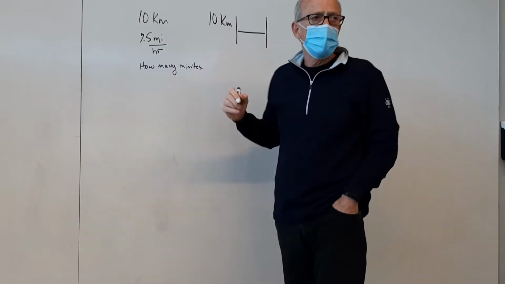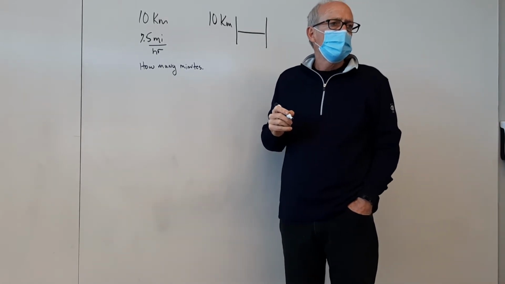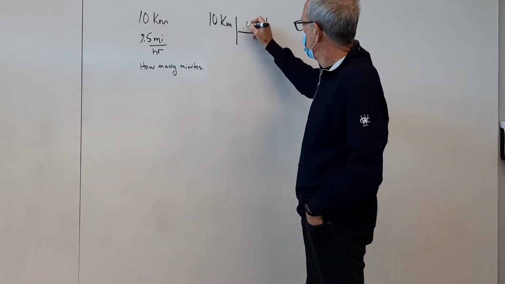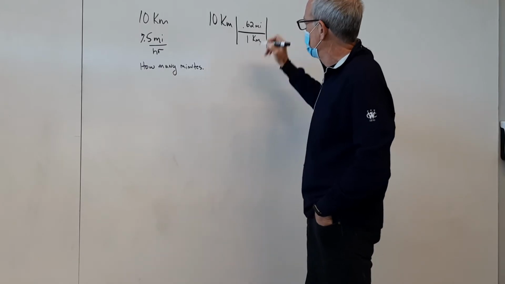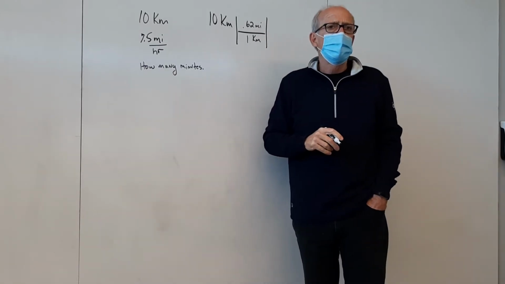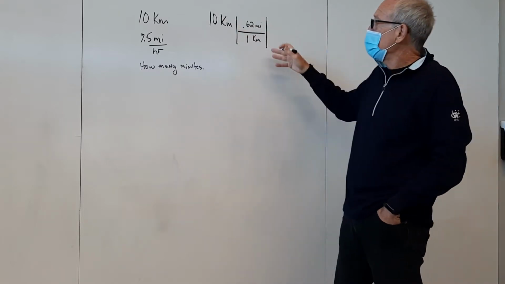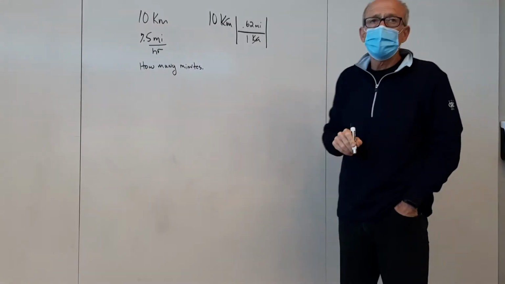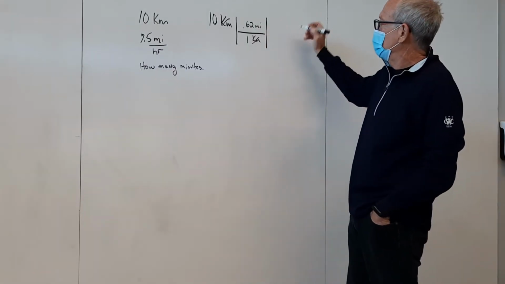And what is the conversion factor? 0.62 miles for 1 kilometer. There's another one, 1.609 kilometers. In any case, this is going to get me miles. That'll tell me how many miles. So how many miles is that?